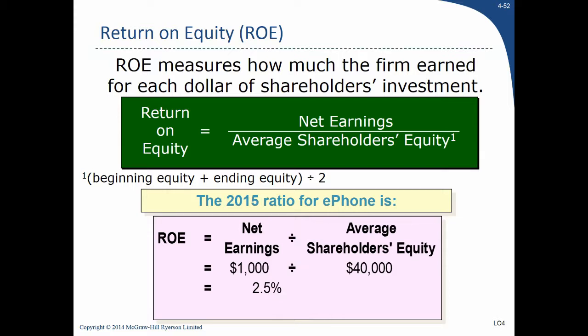We saw this already, I believe. Return on equity is the net earnings divided by the average shareholders' equity. Notice what the denominator is. This isn't common shares. This is a dollar amount, the average shareholders' equity. And this says for every dollar of shareholders' equity invested in the business, here's how much profit the company earned.